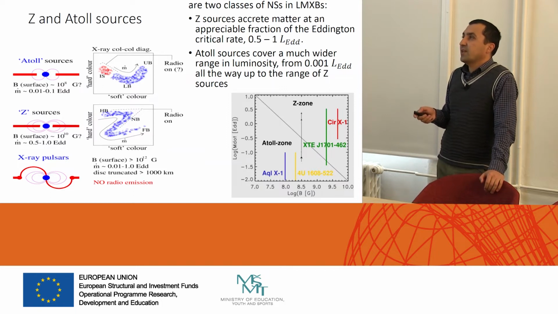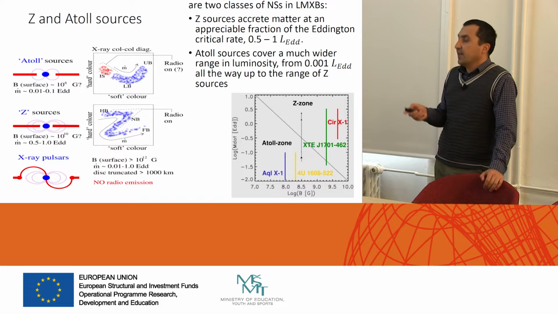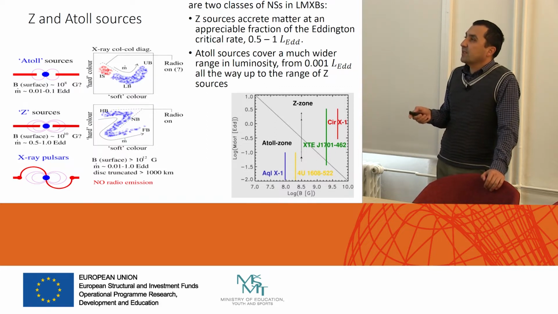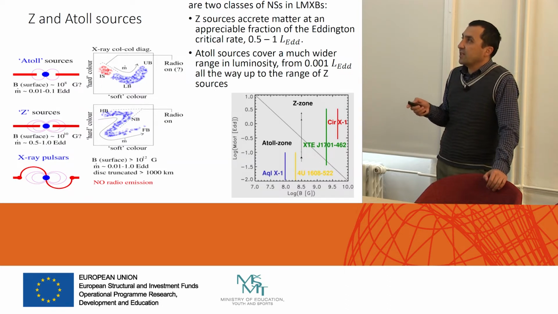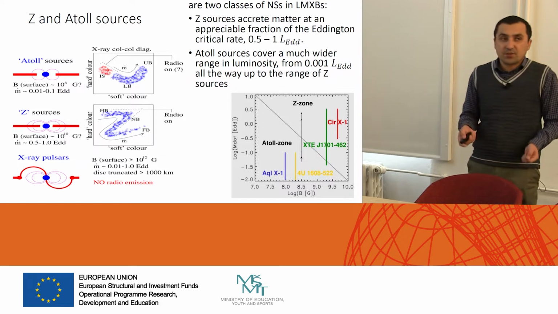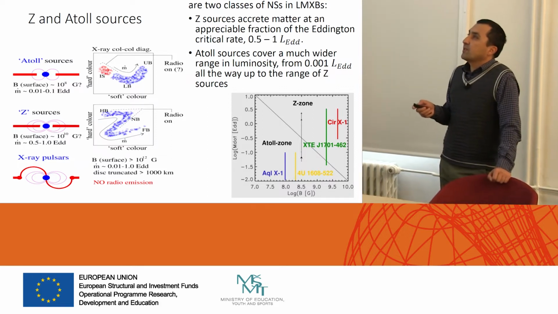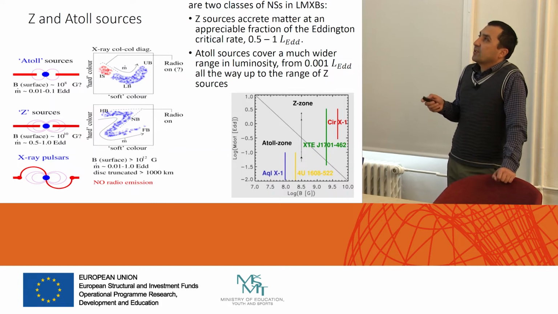Actually, it is intensity. Hard color is a frequency. And from here, if the observational data give us a Z shape, these are the Z sources, and if an atoll shape, we call these atoll sources.